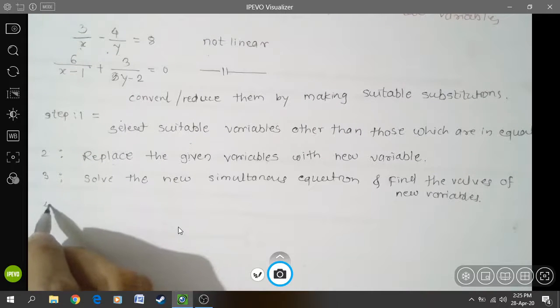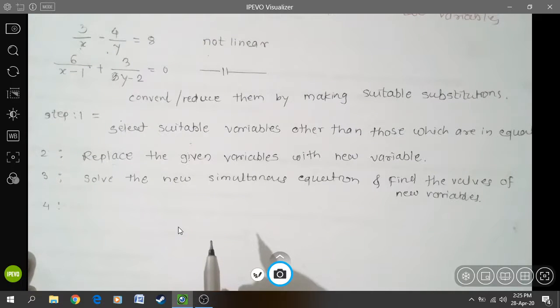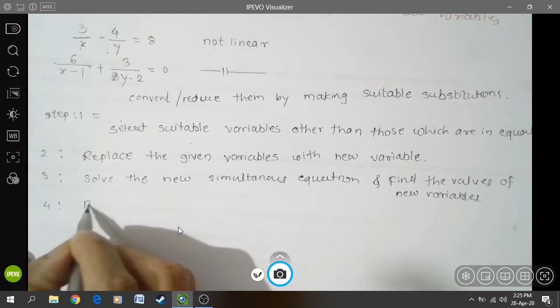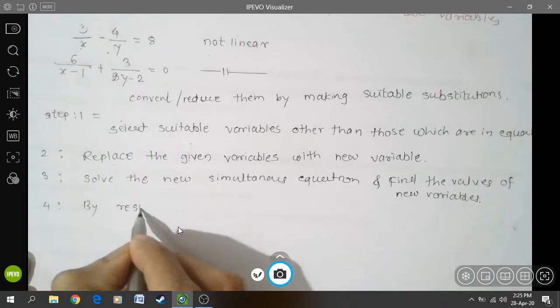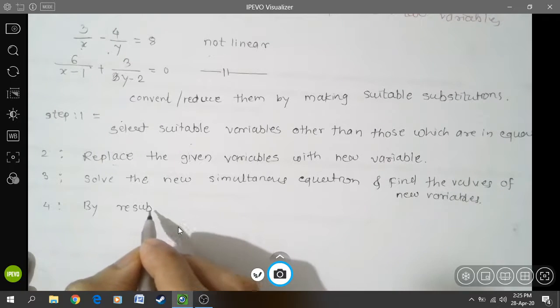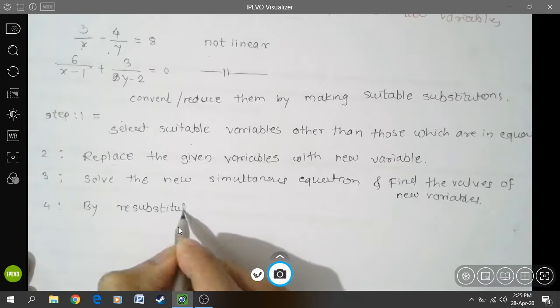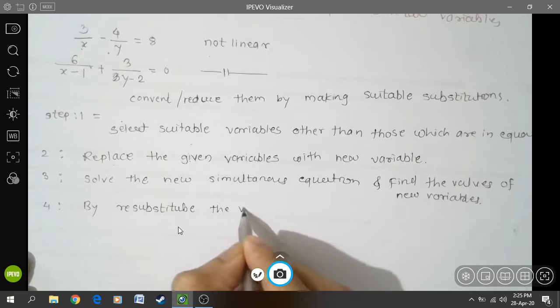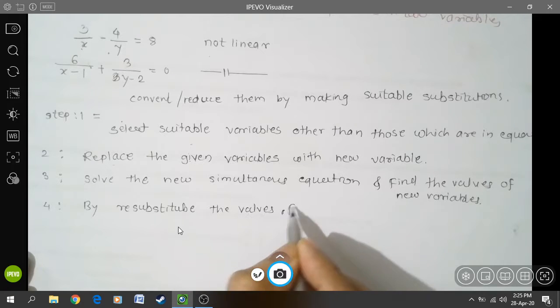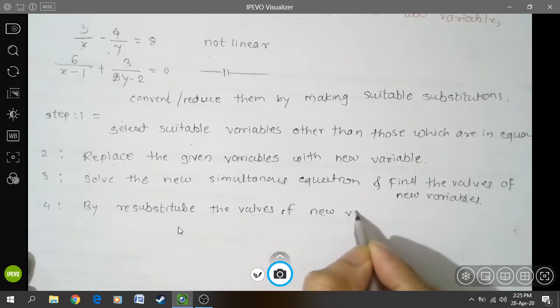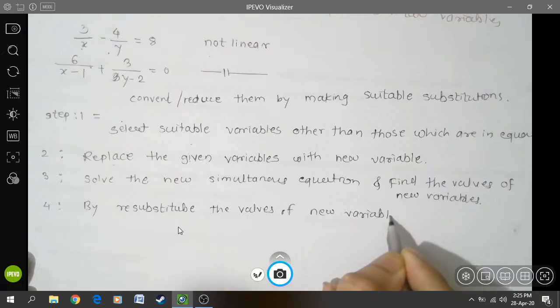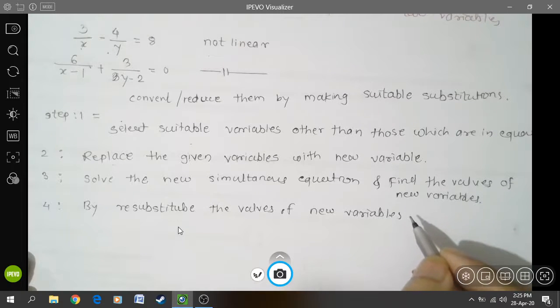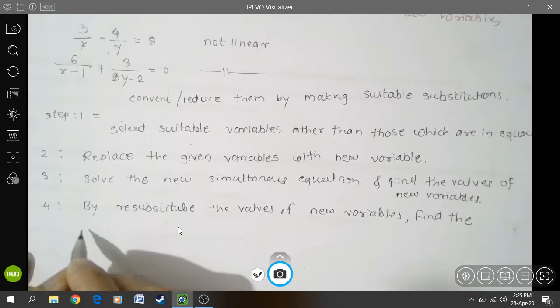Then step number 4 is our final step. By resubstituting the values of the new variables, find the replaced variables.